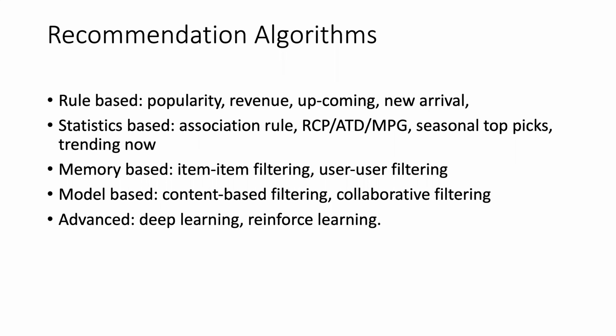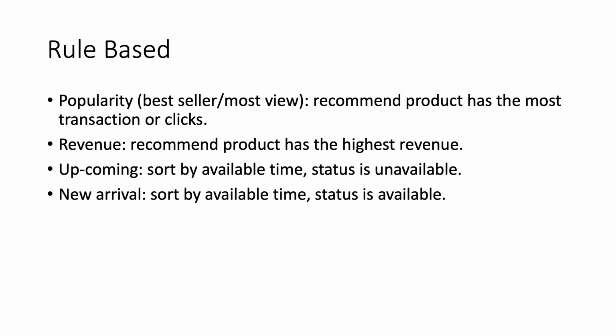So first, let's talk about rule-based. Rule-based here means we don't do machine learning. We just do something very simple. For example, popularity. When you go to an e-commerce website, you see there are some bestsellers. Or if you go to YouTube, you see there's a mostly viewed section, right?